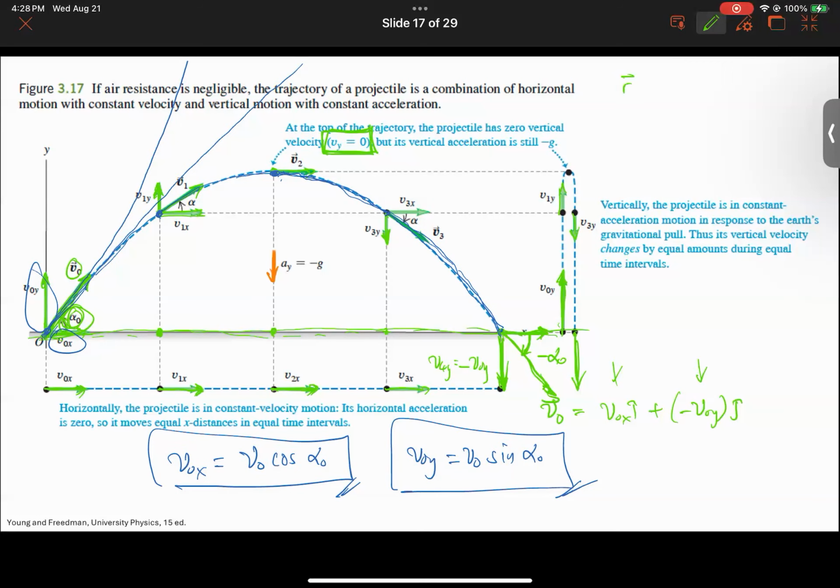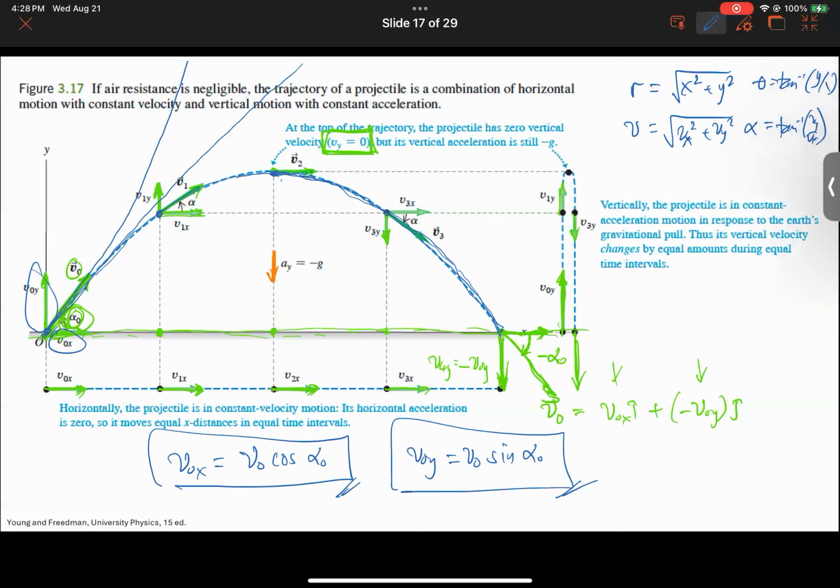So you get the magnitude of the position, x squared plus y squared, the same way we did before for the magnitude of velocity: vx squared plus vy squared, and then square root. The direction is the tangent inverse of y over x. Alpha is the tangent inverse of vy over vx.